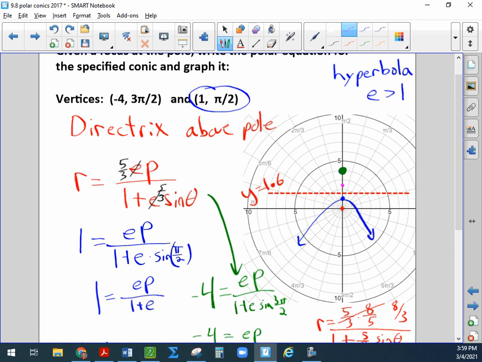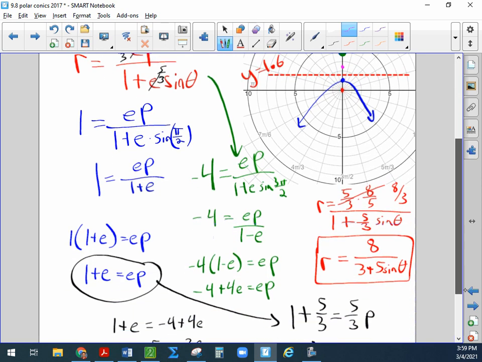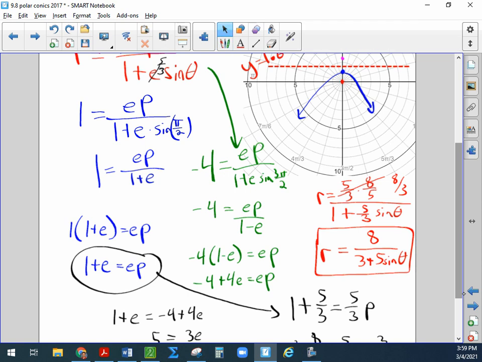So a squared over c, like I could go through and do all those parts. c is defined as the distance from the center to the pole, so that would be 2.5. a is half the distance between the vertices, so 2a is 3, a is 1.5. So I could do a squared over c away from the pole. But it might be better just to lean into the polar form and give yourself a small system to work with.